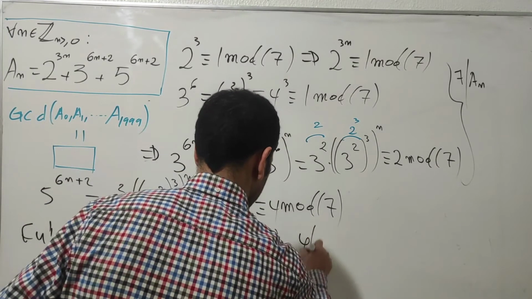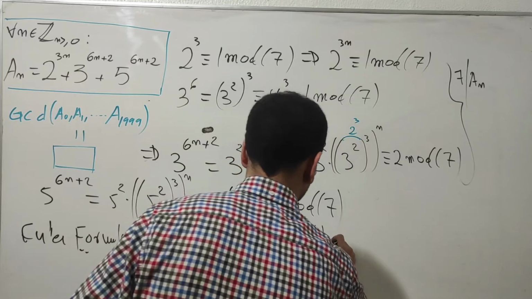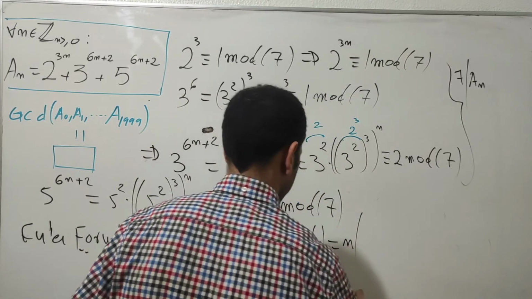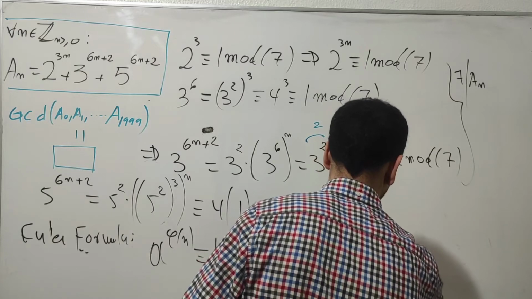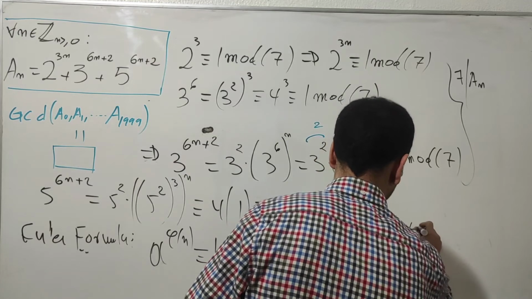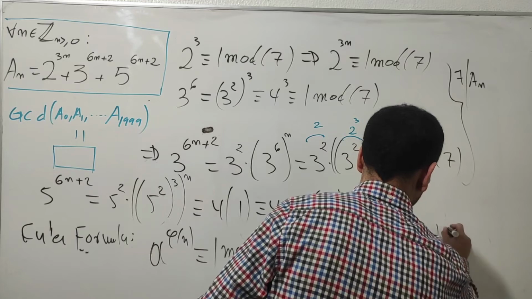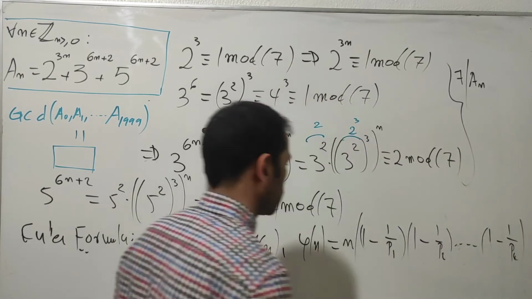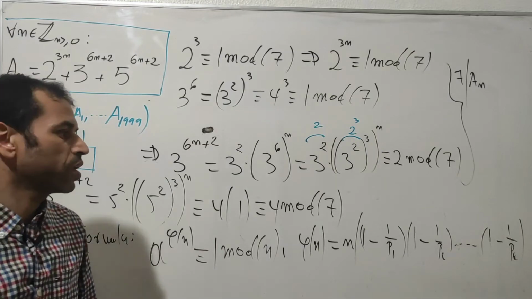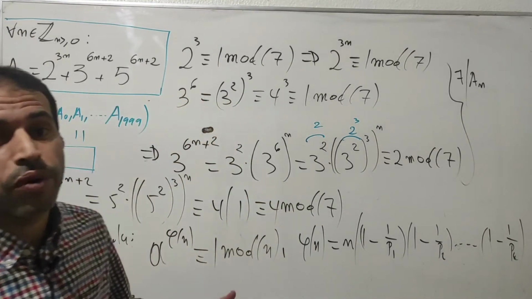With this totient function phi of n, which equals n times 1 minus 1 over p1, multiplied by 1 minus 1 over p2, and all the way down to 1 minus 1 over pk. Those p1 through pk are the prime factors.